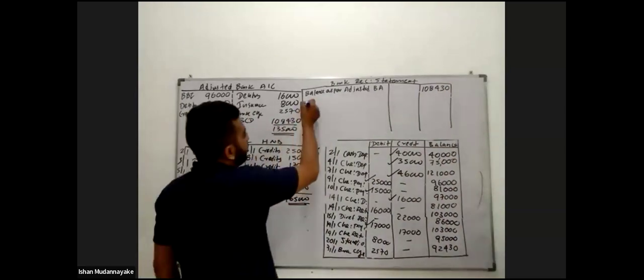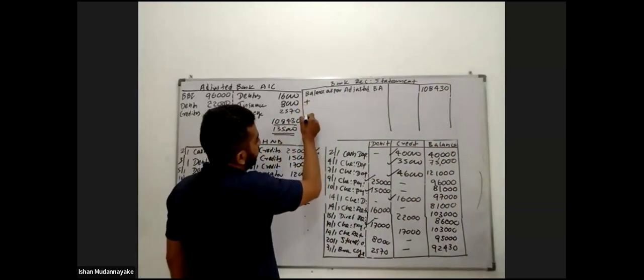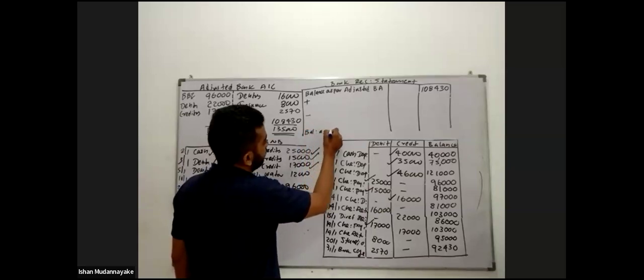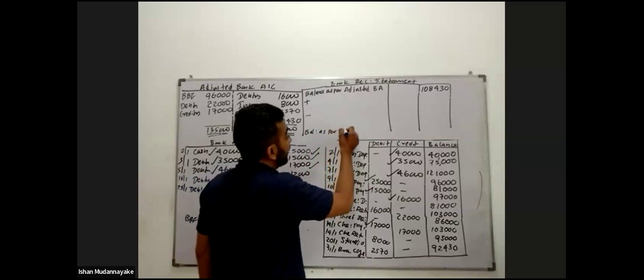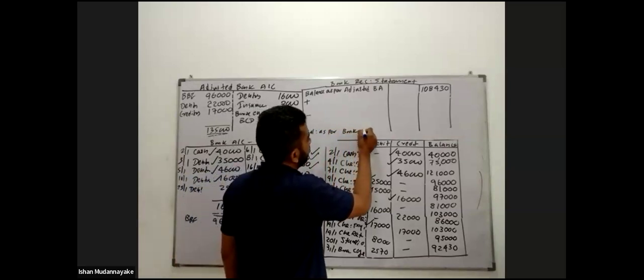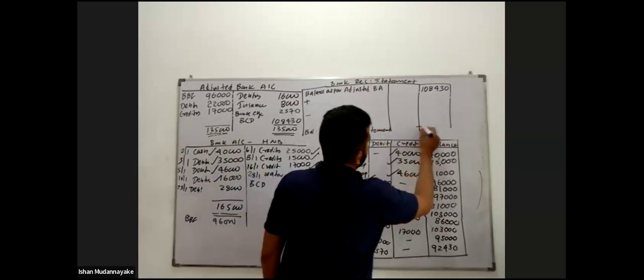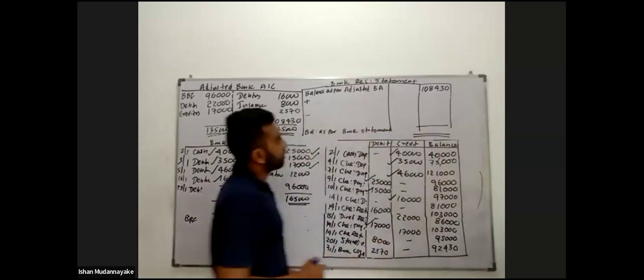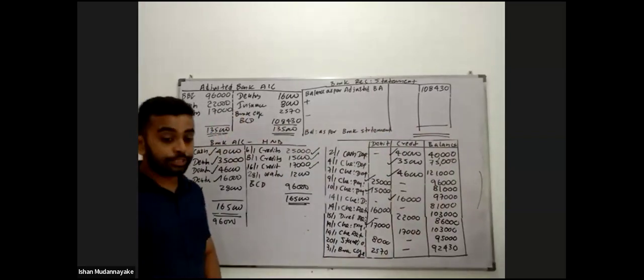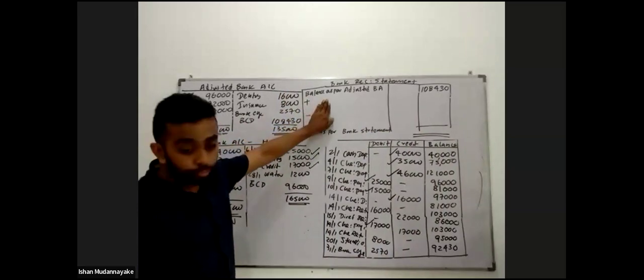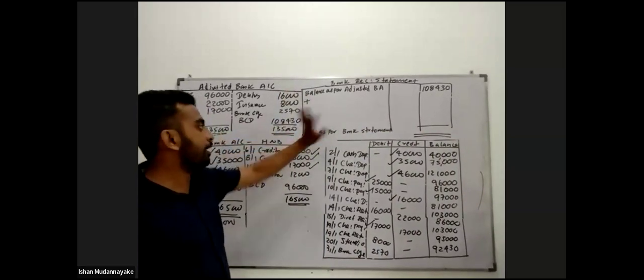And then the plus, leave two lines. Minus, leave two lines. And then here write down balance as per bank statement. Okay, balance as per adjusted bank account, and then here plus mark and leave two lines, then minus mark and leave two lines.